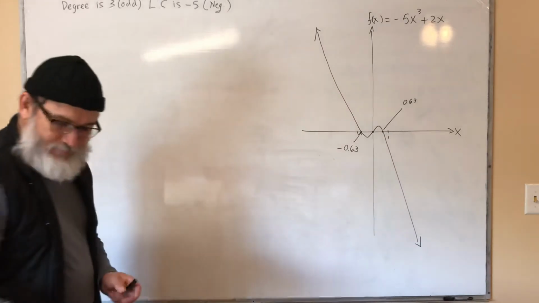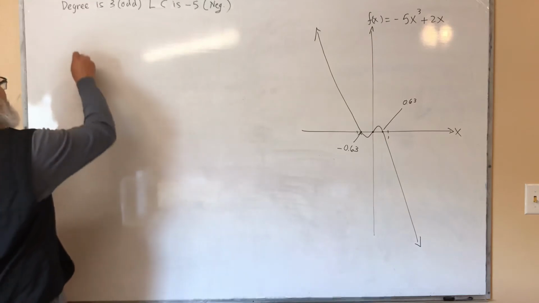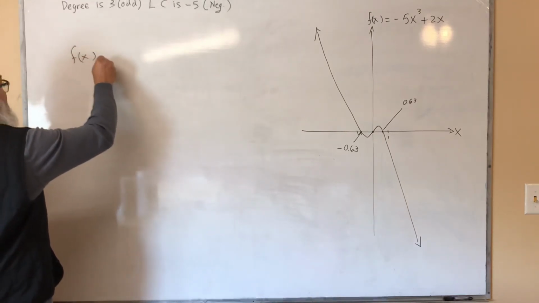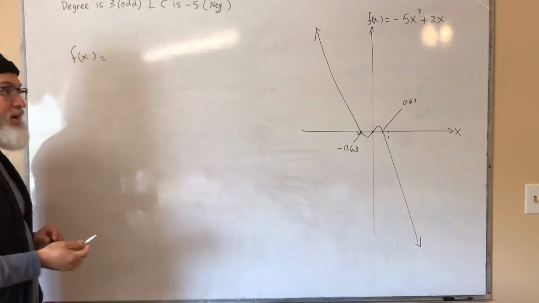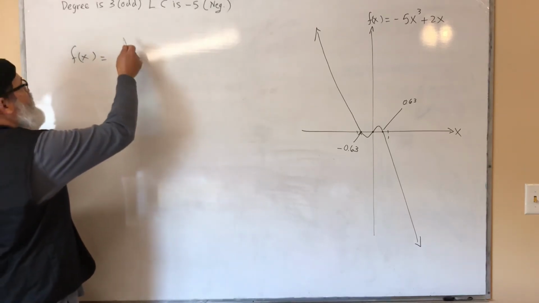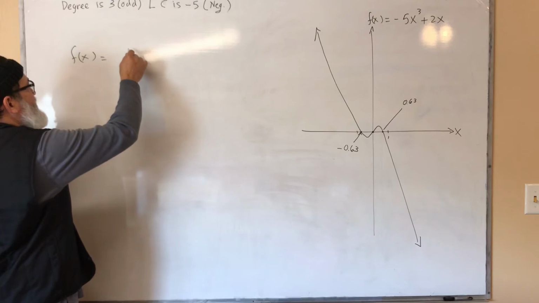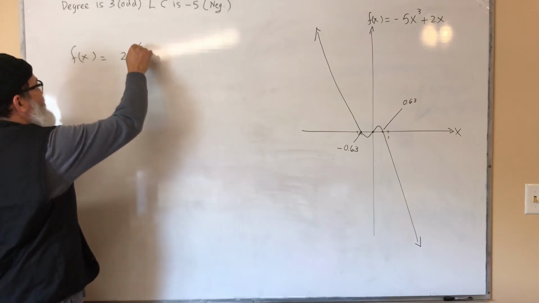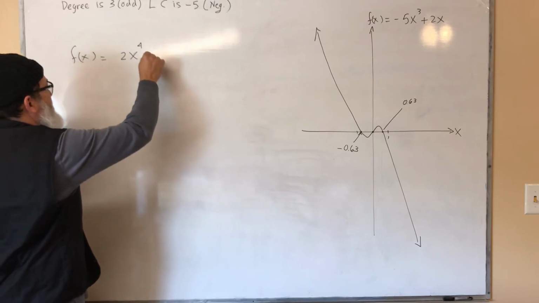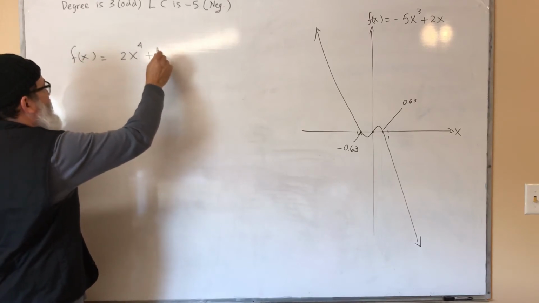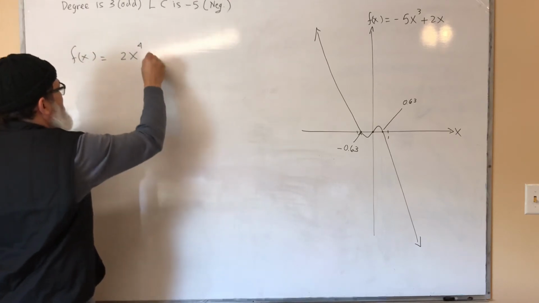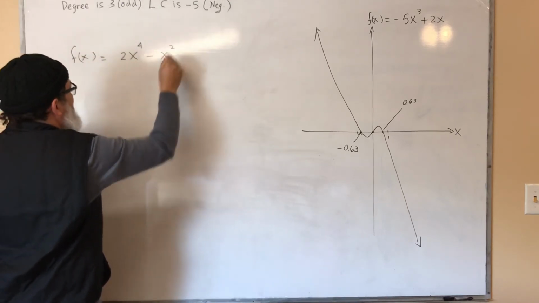Consider the following. Consider this. F of x equals 2x to the fourth plus or minus x squared.